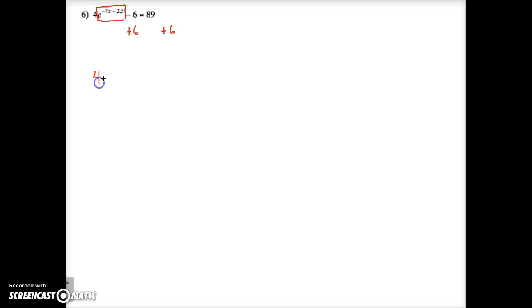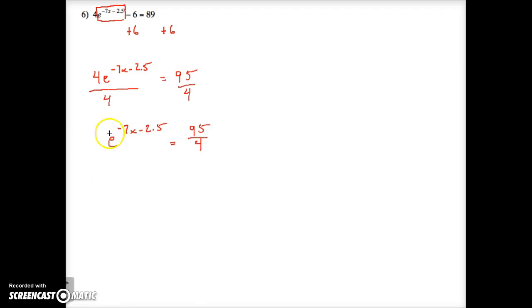So I get 4 times e to the negative 7x minus 2.5 equals 95. And now I'm going to divide by 4. And so I get e to the negative 7x minus 2.5 equals 95 fourths.